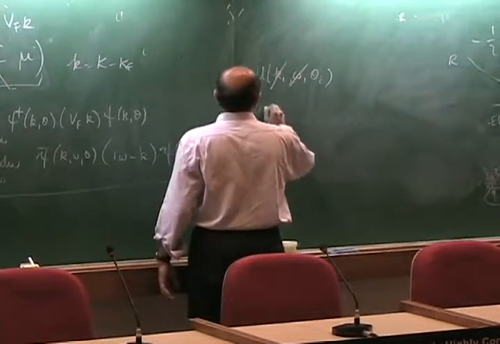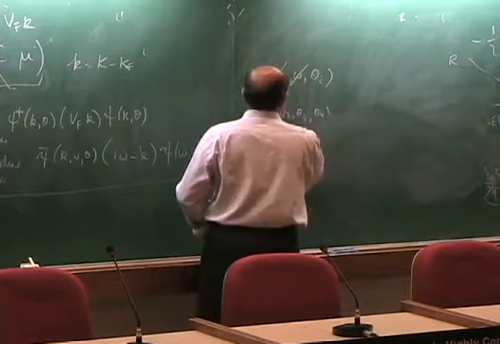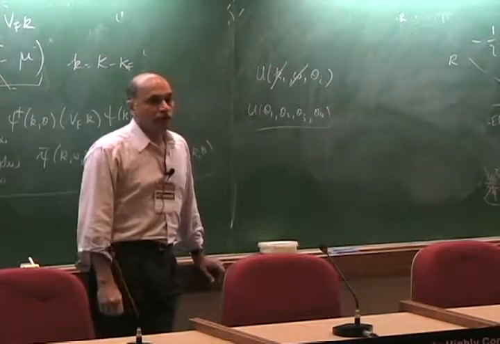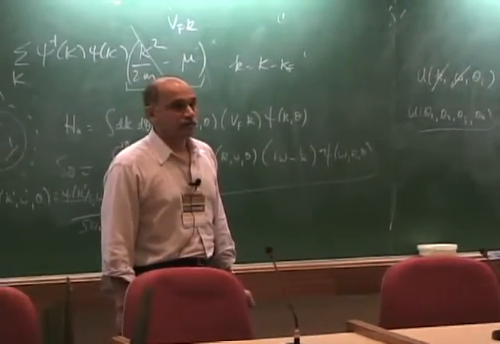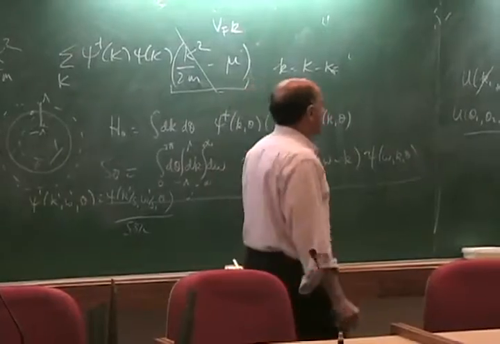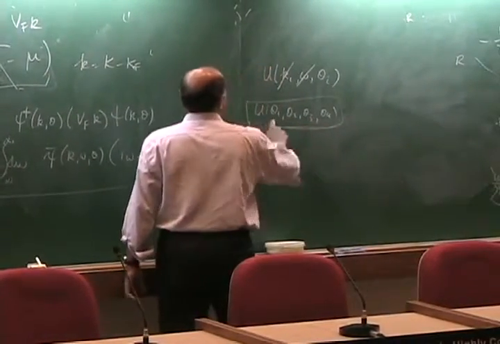So u is a function of theta 1, theta 2, theta 3, and theta 4. That's like depending on left, right, depends on these 4 angles. So at the tree level, there is a coupling function of these 4 angles.